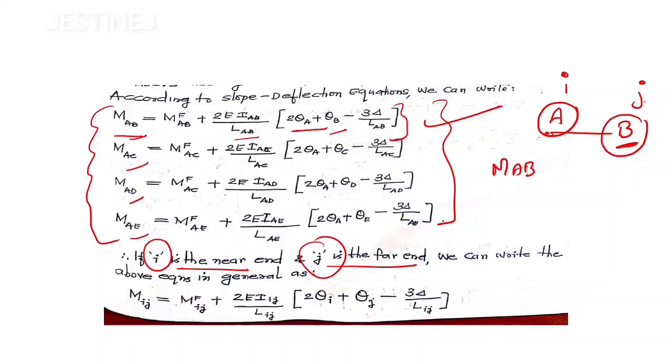So you can replace these four equations in this way: M of ij equals M fixed of ij plus 2EIij by Lij multiplied by 2 theta i plus theta j minus 3 delta by Lij. This is the general statement.